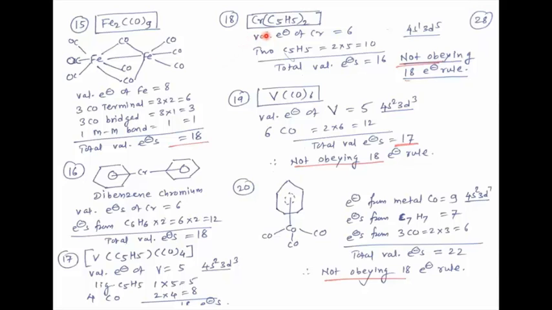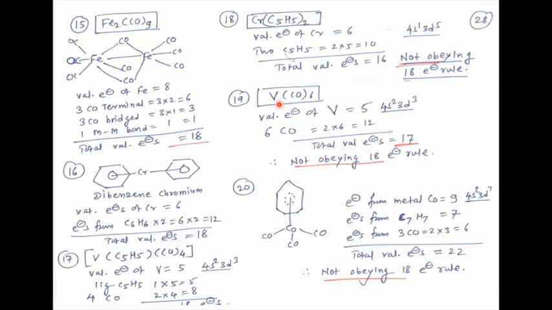Then let us see some disobeying complexes. Cr(C5H5)2: valence electrons of chromium are 6 because the configuration is 4s1 3d5, and 2 C5H5 groups donate 10 electrons. So 10 plus 6, 16, and hence this complex is not obeying the 18 electron rule, it is unstable.